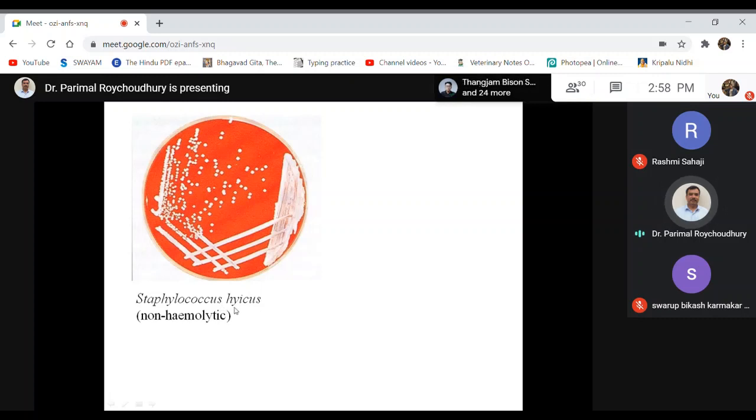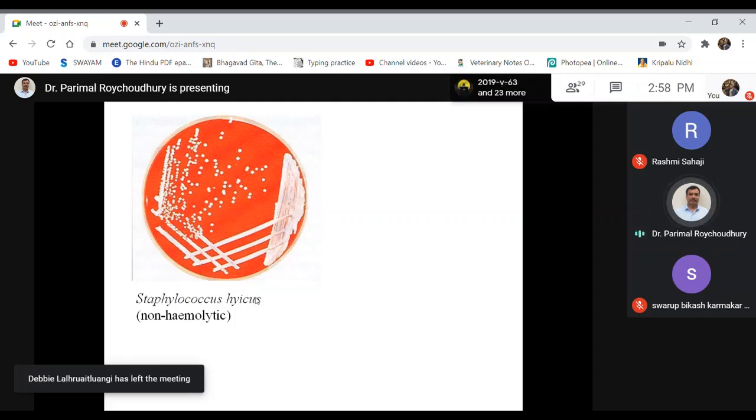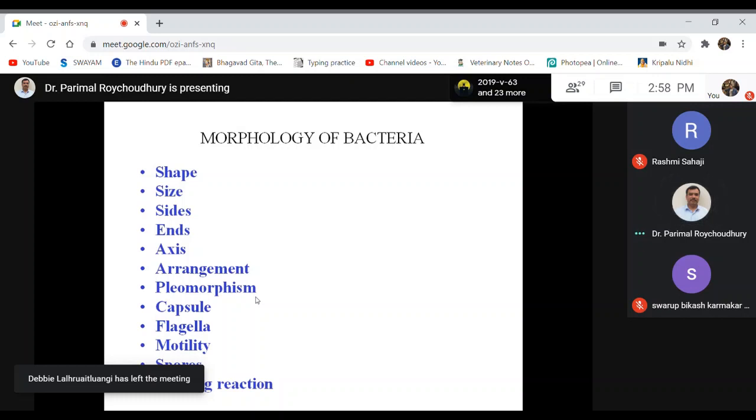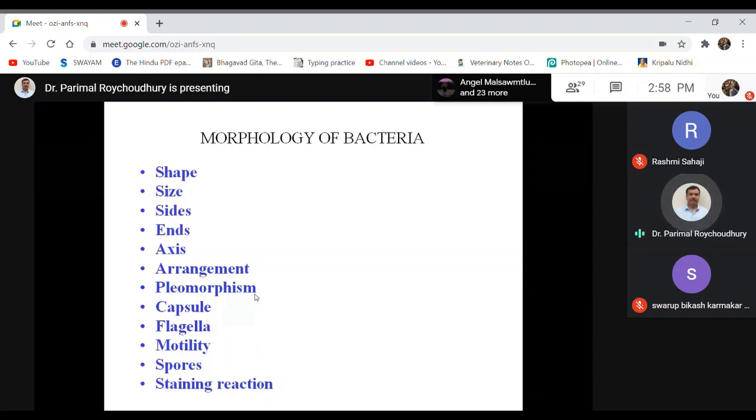They produce white colonies instead of pigmented colonies. They don't produce golden yellow, rather they produce white pigment. So on blood agar media, we can detect it. After studying the colonies, we can get a rough idea about the organism.